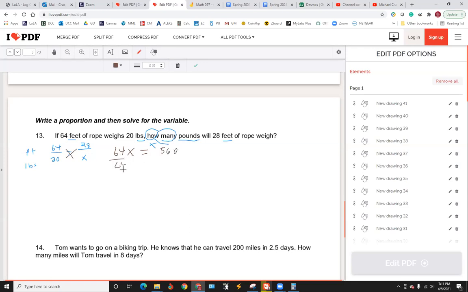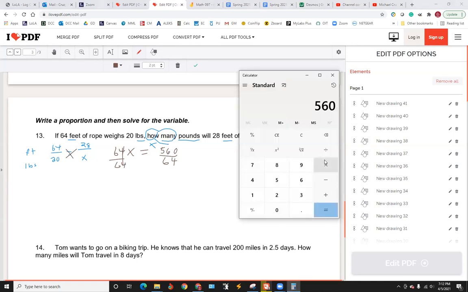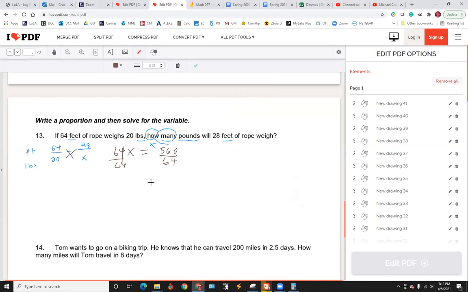What happens then when we divide? I think that comes out even, doesn't it? I got 8.75 on a calculator. You're right. So X is equal to 8.75.